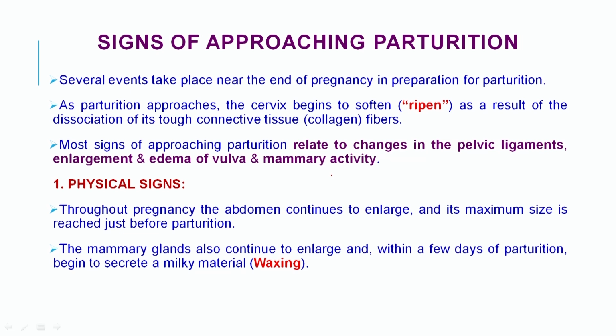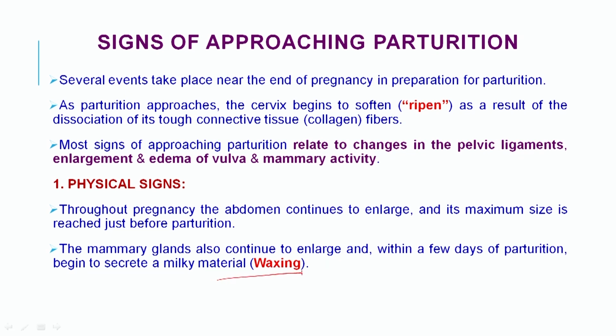Most signs of approaching parturition are related to changes in the pelvic ligaments, enlargement and edema of the vulva, and mammary activity. Physical signs: throughout pregnancy the abdomen continues to enlarge, reaching its maximum size just before parturition. The mammary gland also continues to enlarge.